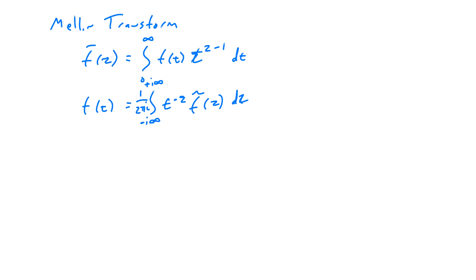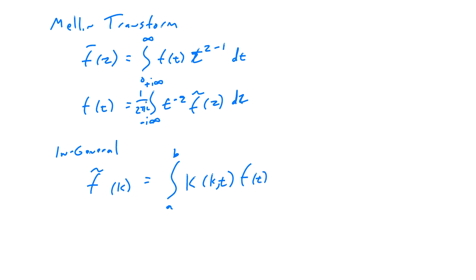And so in general, for these transforms, they all basically follow the same model, where the transform is essentially the integral over some range of some function of the two variables that you're transforming to or from, and then the function itself that you're transforming.